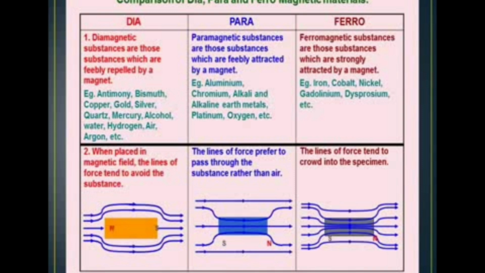Okay. So next we are going to see the differences between dia, para and ferromagnetic materials. Diamagnetic substances are feebly repelled by a magnet, paramagnetic substances are feebly attracted, and ferromagnetic substances are strongly attracted. See how they behave when placed in a magnetic field, in the lines of force.